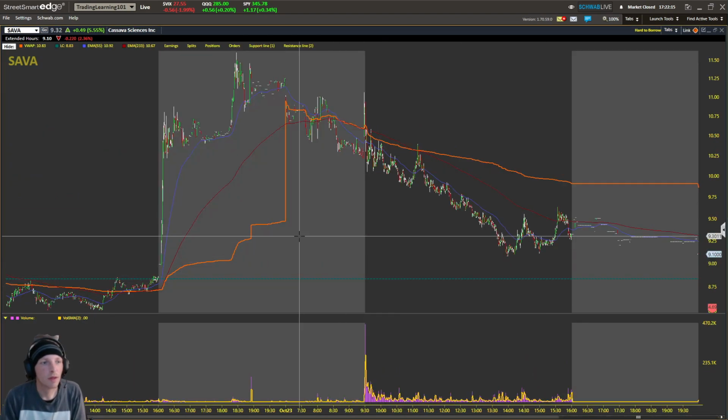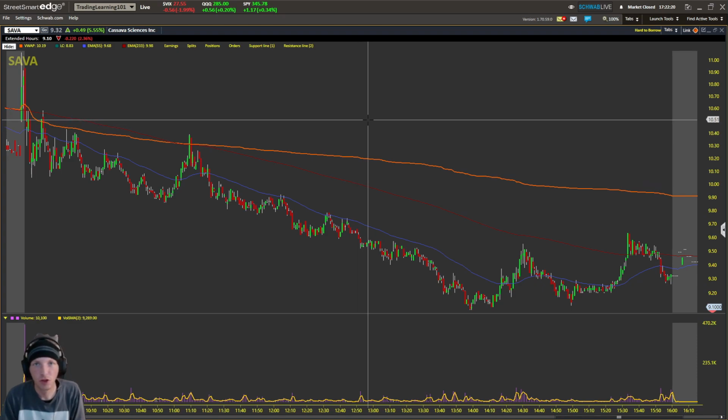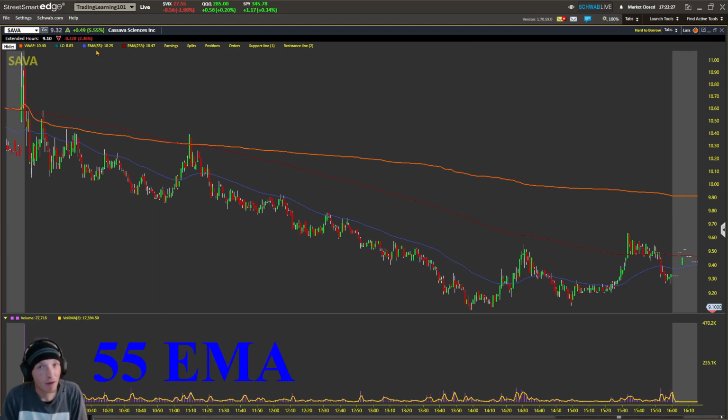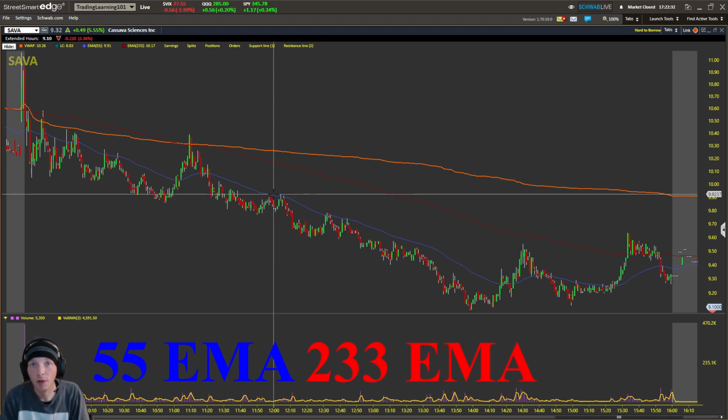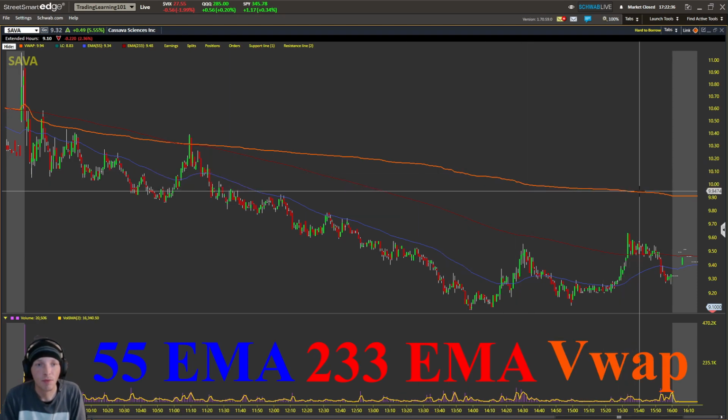And then real quickly, let's take a look at the 1 minute on Sava here. And these are just examples. So on my 1 minute time frame, I have the 55 EMA, which is the blue line. And I have the 233 EMA, which is the red line. The orange line is the VWAP.